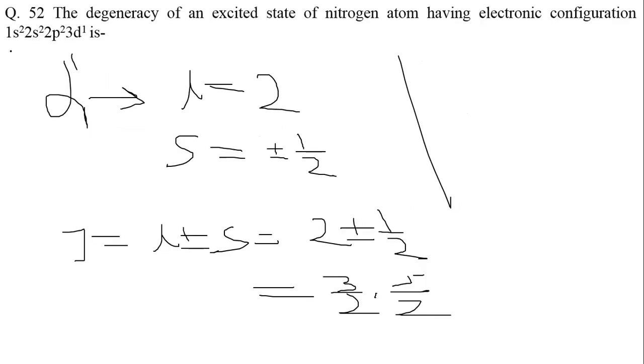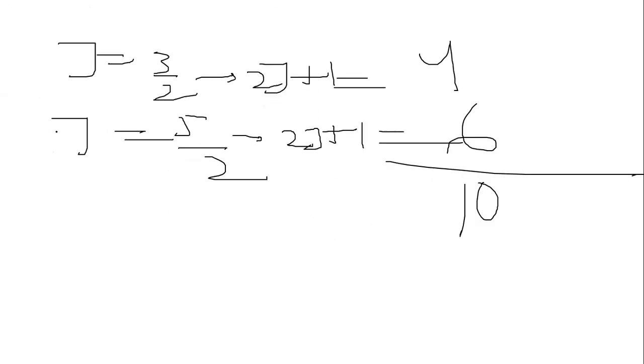So for 3D1, we have L equal to 2 because it is a d subshell, and there is only a single electron, so the value of S will be half. S can be plus half or minus half, so the value of J will be L plus minus half. So 2 plus minus half, that is 3 by 2 and 5 by 2. So from 3 by 2 the degeneracy is 4, and from 5 by 2 the degeneracy is 6. So it is 4 plus 6 equals 10. So the degeneracy will be 10.